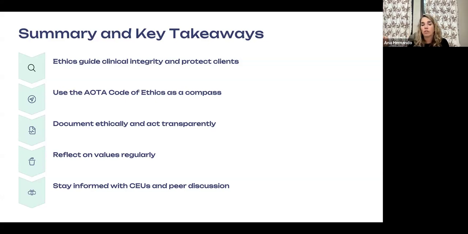You need to reflect on your values regularly. And most importantly, to stay informed by CEUs and peer discussion.